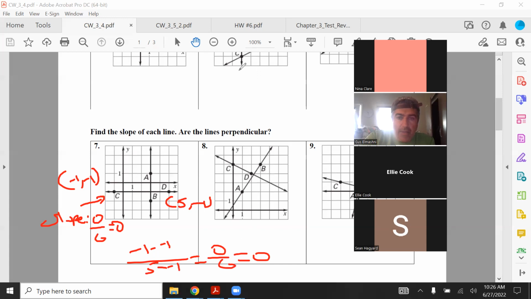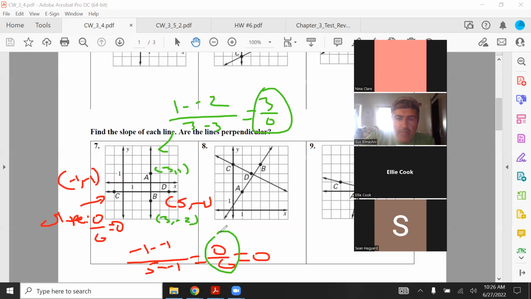But then for the other line, the vertical line, that's at 3, 1, and 3, -2. So you take the difference in those y coordinates, 1 minus -2 over 3 minus 3, I get 3 over 0. Notice how those are going to be reciprocals of each other, right?